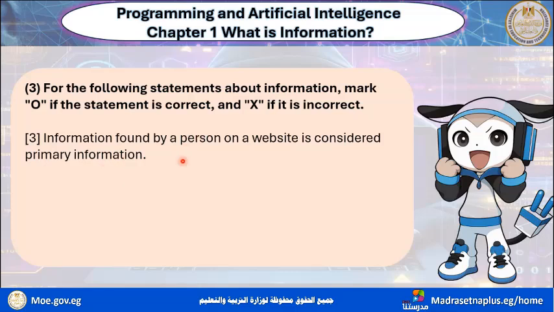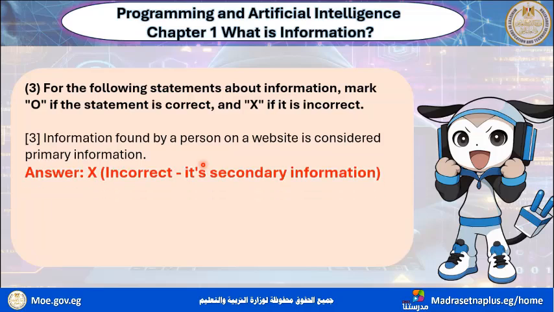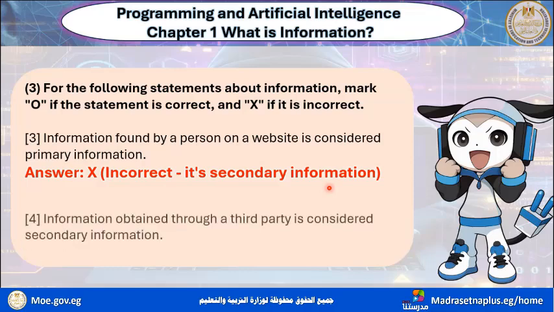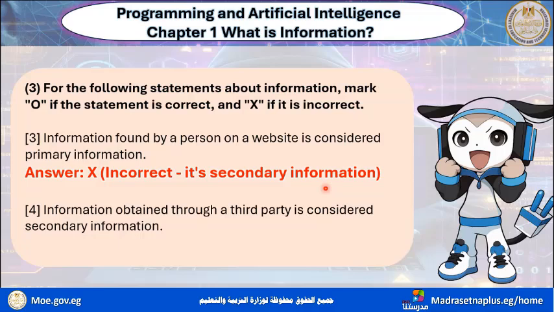It's found by another person. Well, of course, it's incorrect. It's secondary information. Information obtained through a third party is considered secondary information. It's of course correct because it's obtained through a third party here.